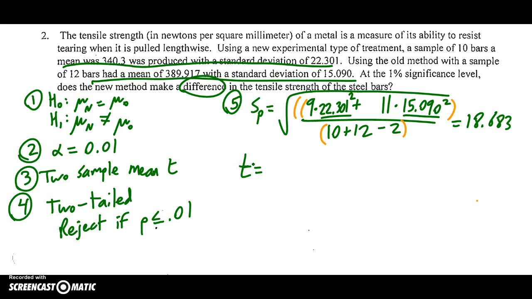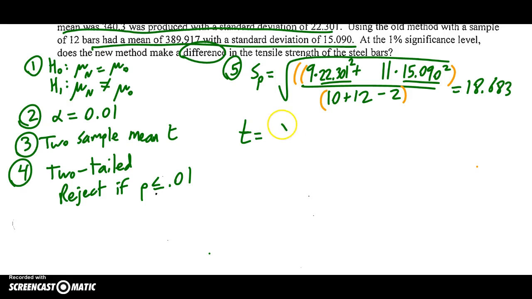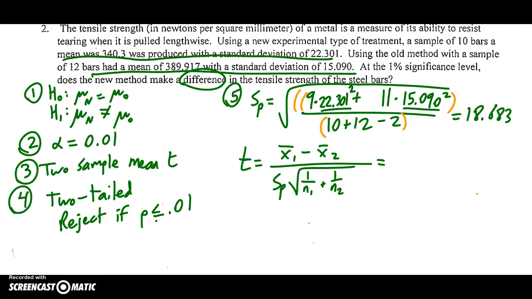All right, so the formula to actually calculate the t value for a 2 sample is x bar 1 minus x bar 2 over your pooled standard deviation times the square root of 1 over n1 plus 1 over n2. So let's go ahead and figure this out. Let's see, what was our new sample mean?